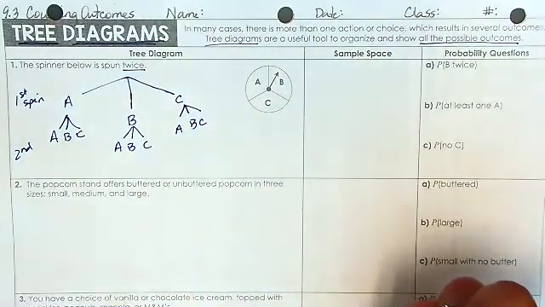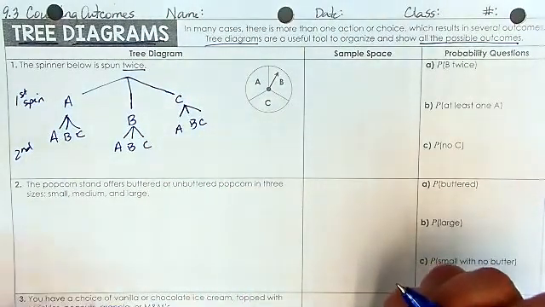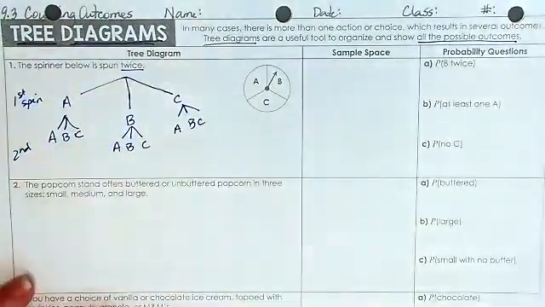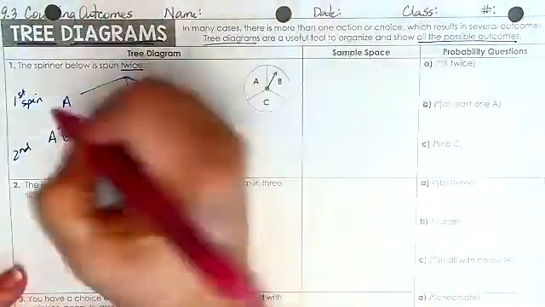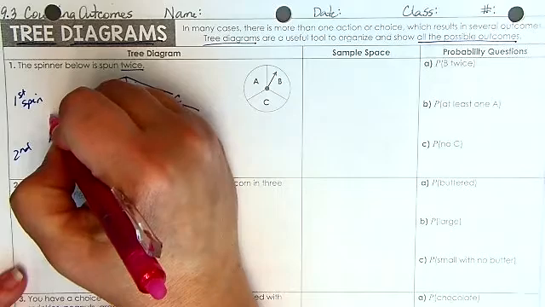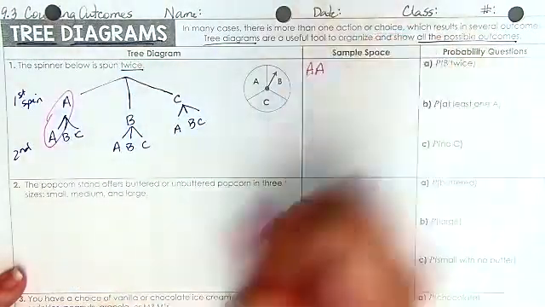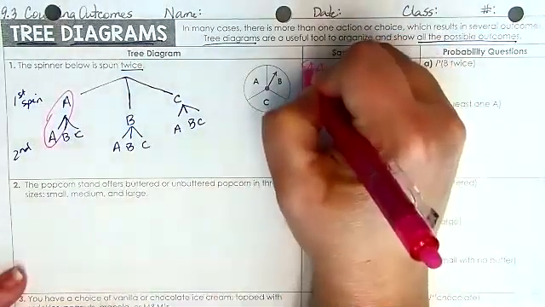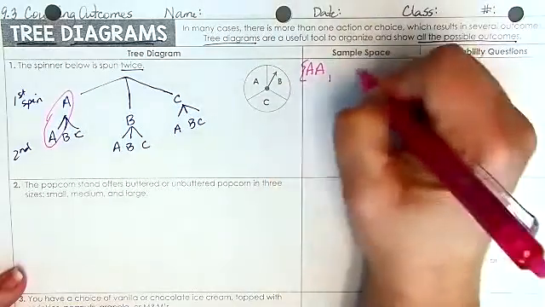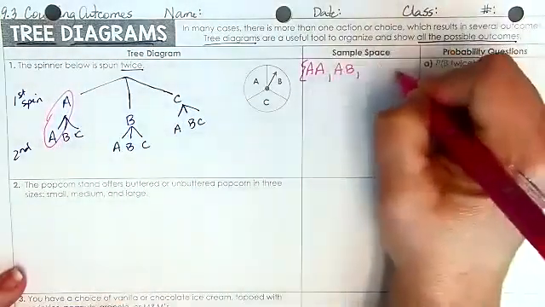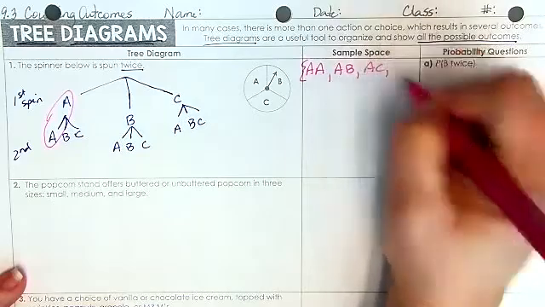So the sample space that I come up with is found by looking at what my possible outcomes are. We're going to list these, and then we can go from there. AA, AB, AC.